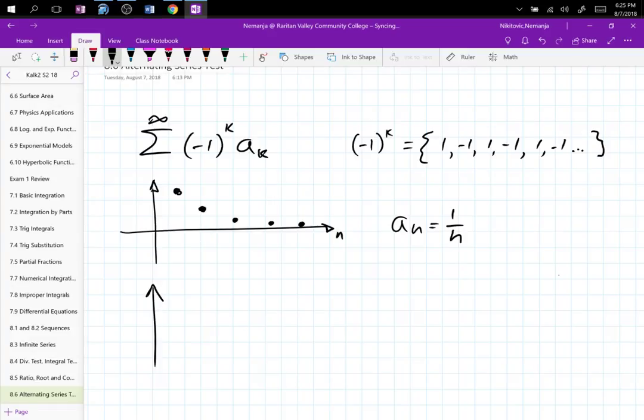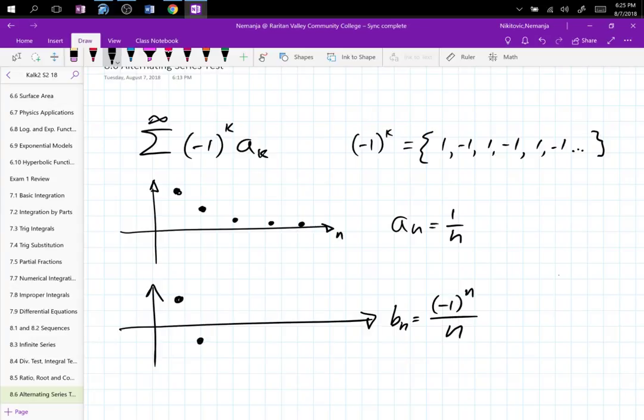But if you have an alternating sequence, b_n, so instead of 1 you write -1 to the n over n, then the next number is on the other side but closer to the axis, then the next number is closer still, so they keep jumping sides.